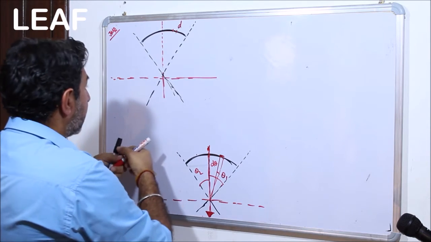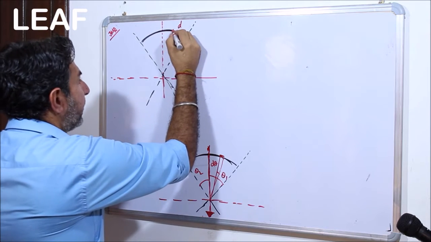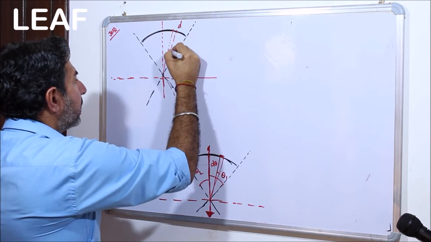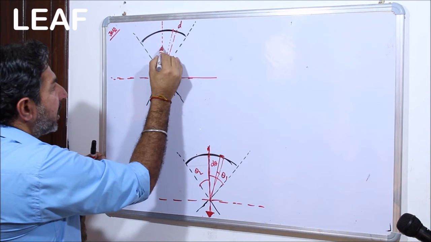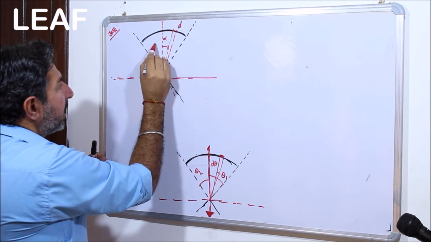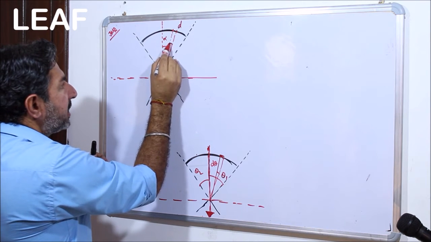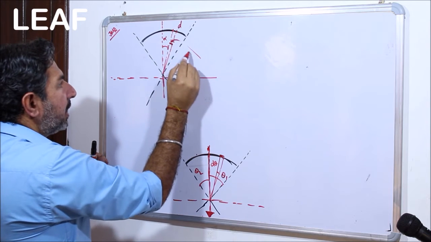Now see, dl is the small element that I have taken. Let me draw it like this. And now say this angle, I'm going to take this as a reference. So suppose this angle is alpha, and the included angle between these two lines is d alpha.